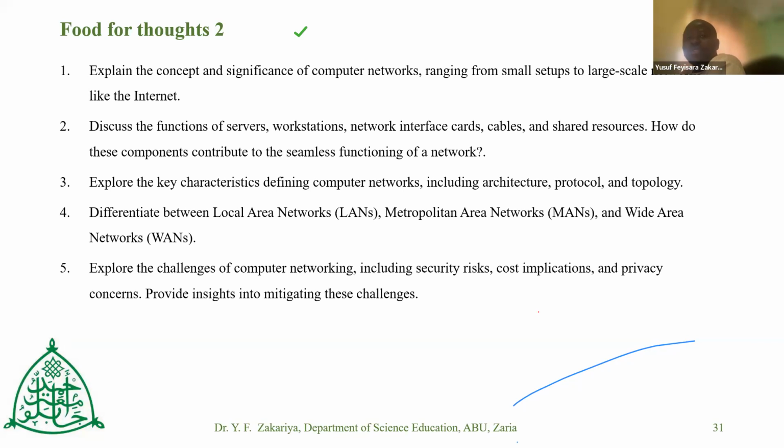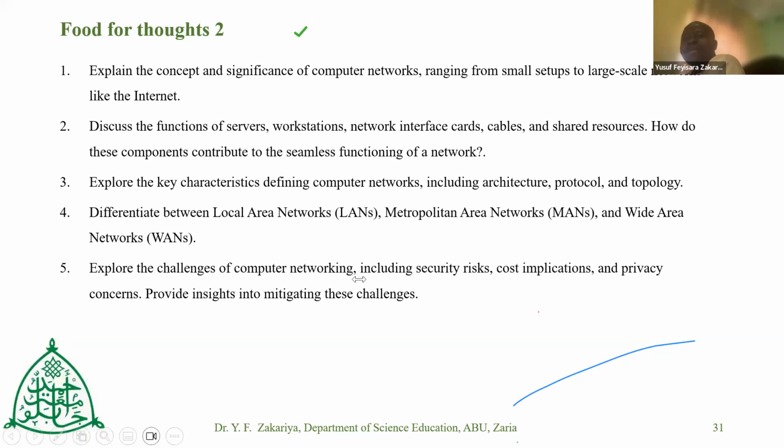Then we also have the next question that says, explore the challenges of computer networking, including security risk, cost implications, and privacy concerns. Provide insight into mitigating these challenges. Look at this question. The question can simply stop at explore the challenges of computer networking.